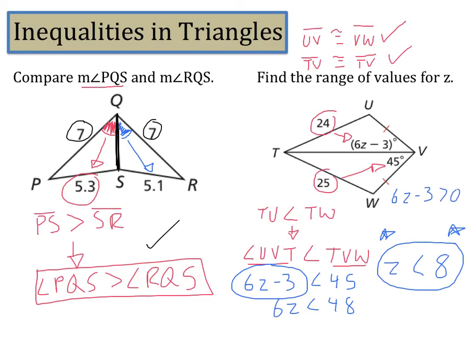And if I do that inequality out, I have z is greater than 0.5. Which makes sense because z can't be 0. If z was 0, and I plug that in right here, I would have an angle that was negative 3 degrees. And that can't work out. So you have to do the second inequality as well.